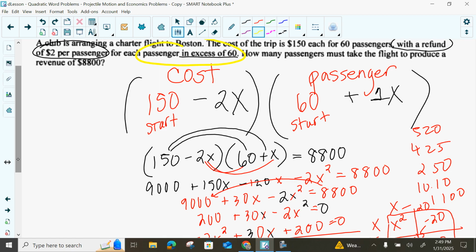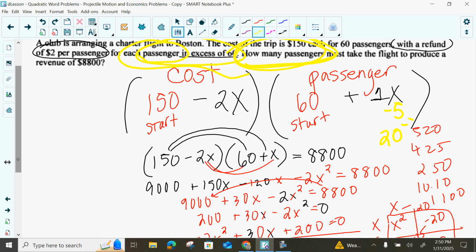How many passengers? So which parenthesis is passenger, left or right? Right. So my x was negative 5 or 20.